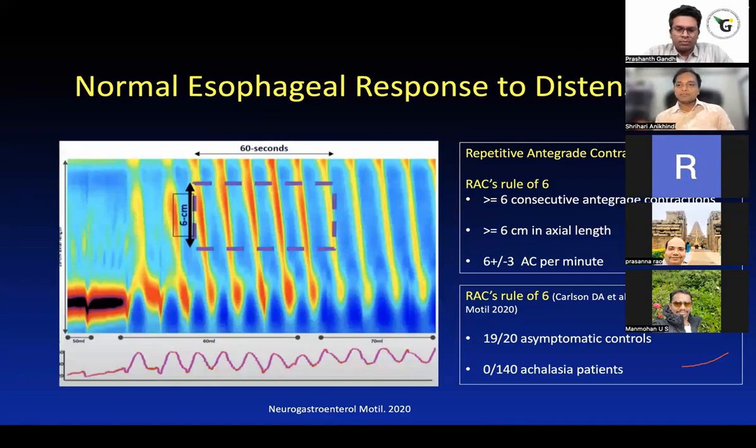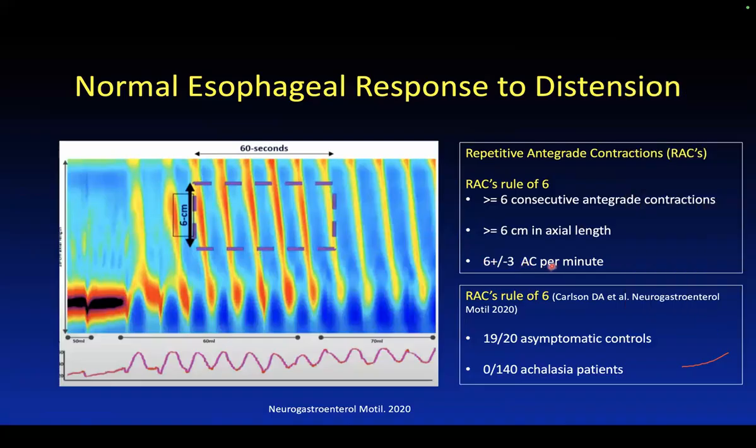RACs are 6 or more consecutive antegrade contractions which are 6 centimeters or more in axial length and which occur at a frequency of 6 plus or minus 3 antegrade contractions per minute. So when you see this pattern, these are labeled as RACs.